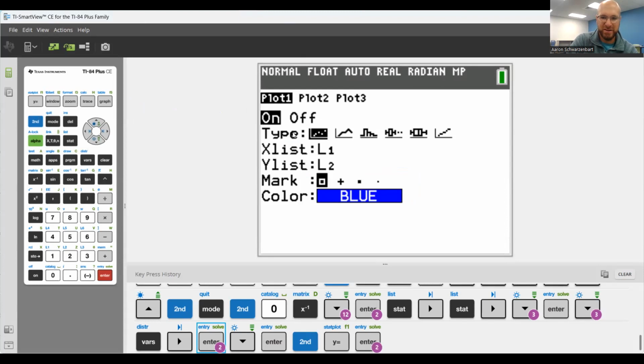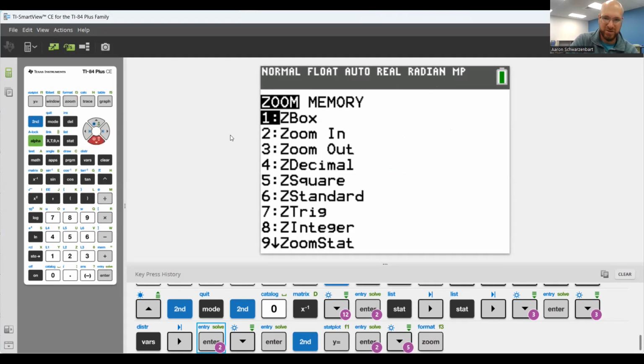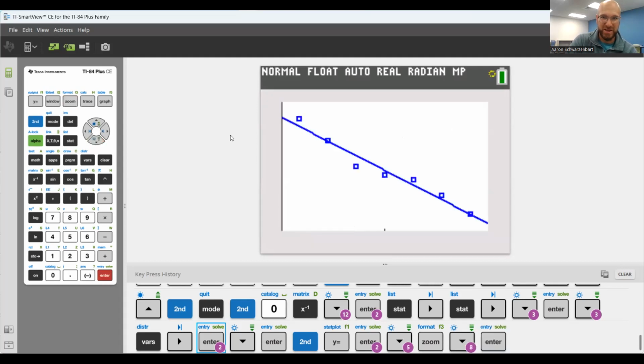So I turn it on. Type, this is scatter. That's what we're going to be using most of the year. List L1 and L2 just like I had. I'm going to come over to zoom and go down to zoom stat. Zoom stat will automatically fit my data on the screen. And there it is. That does look like it fits a line pretty well with a negative slope.